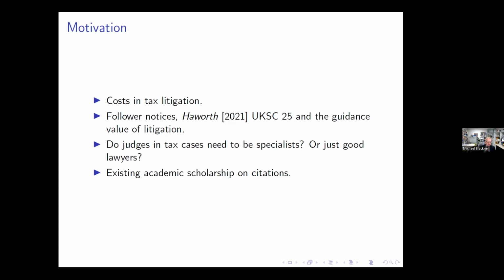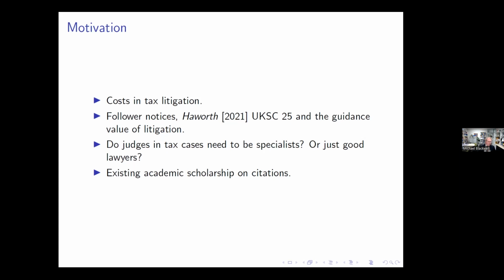One of the reasons they gave for that was the principle of legality, and that litigation was important because it had a guidance value. In understanding whether or not the Supreme Court were right there, it's actually an empirical matter, the extent to which litigation does have a guidance value. And so this research helps understand the guidance value of tax litigation.